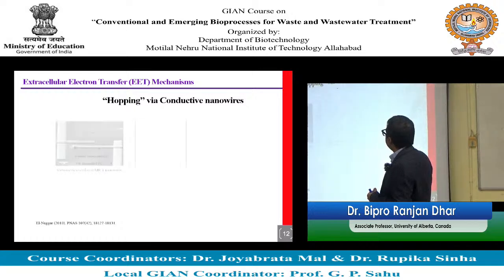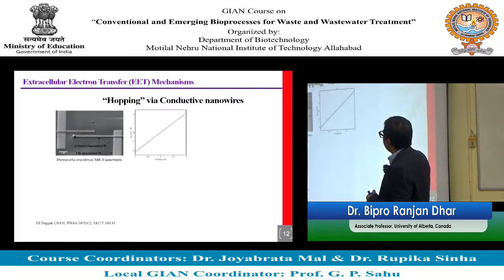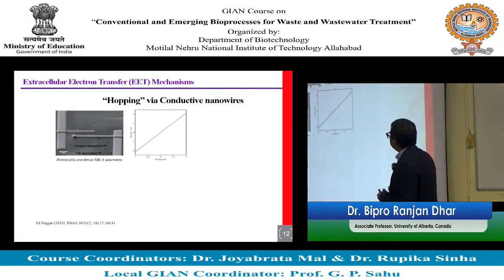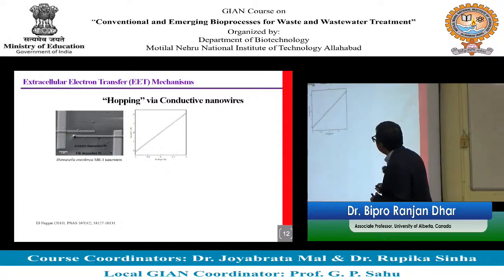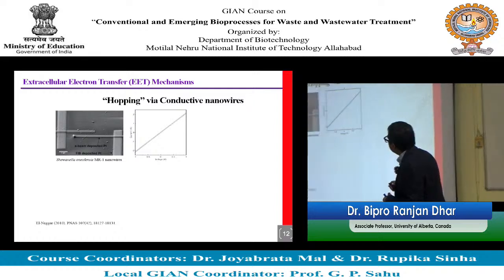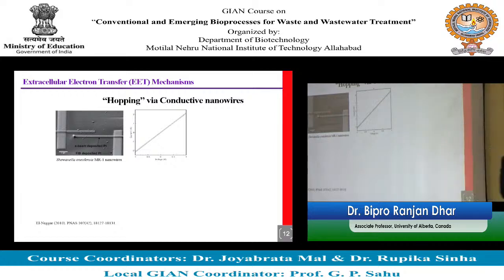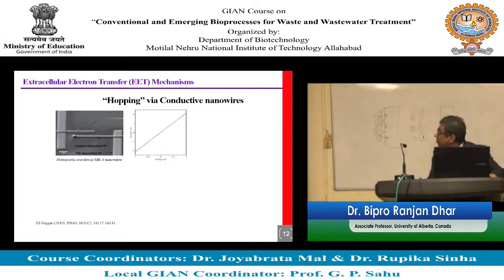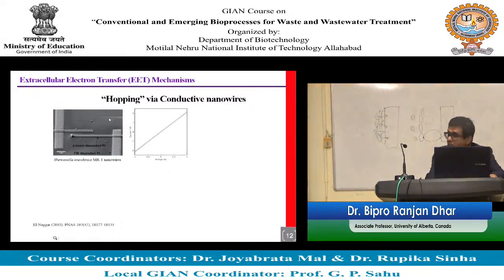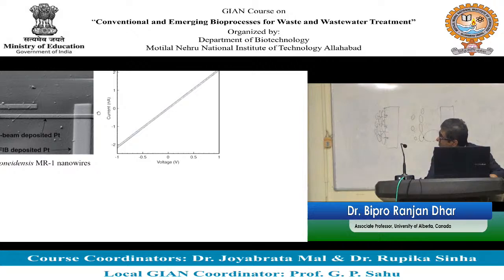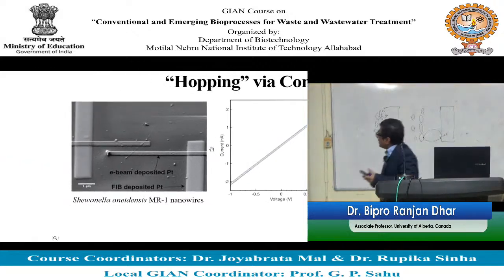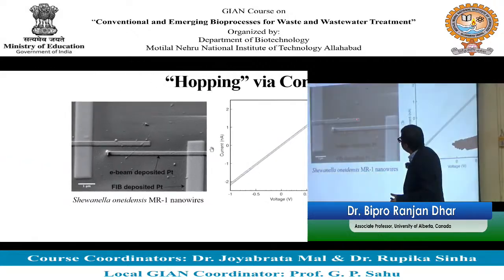The same thing was done for Shewanella. I'm not sure whether you can see it, but they have 2 electrodes, and there is a nanowire extracted from the Shewanella species. Let me zoom in. Now do you see a line?